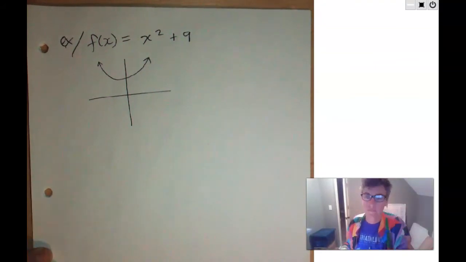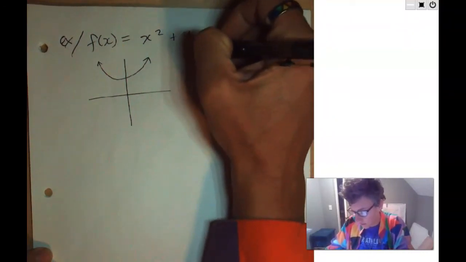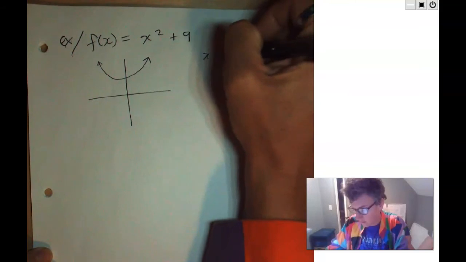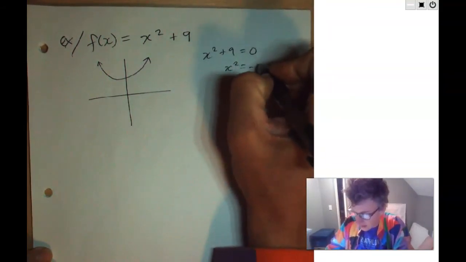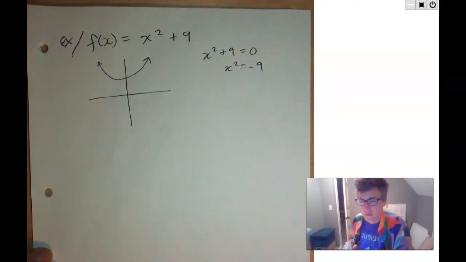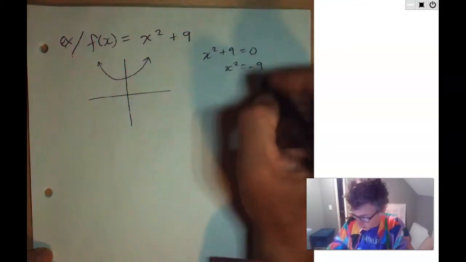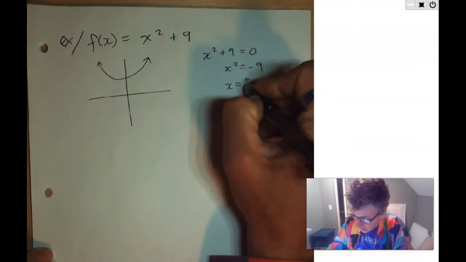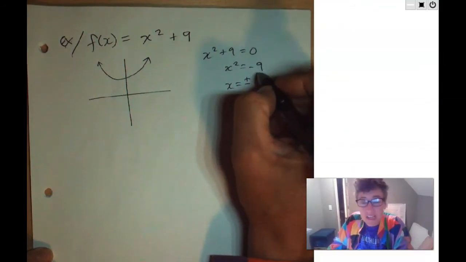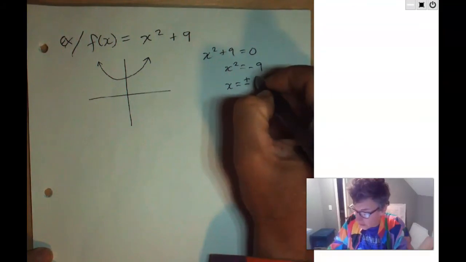What? Well, first of all, this isn't factorable. But if we set this equal to 0 and try to solve, we subtract 9 on both sides and get x squared equals -9. We square root both sides, we get x equals plus and minus the square root of -9, which is 3i.